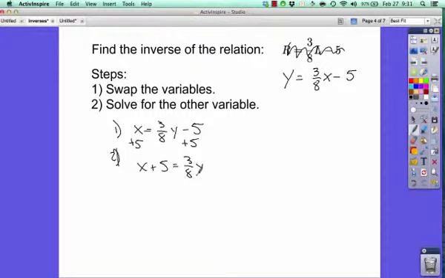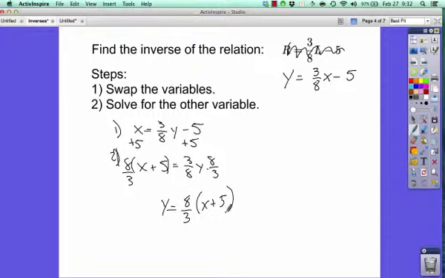Now what do we do? Multiply by the reciprocal, so I have 8 over 3. 8 over 3 on both sides, and we're left with y equals 8/3 times the quantity x plus 5. So the inverse of y equals 3/8 x minus 5 is y equals 8/3 times the quantity x plus 5.